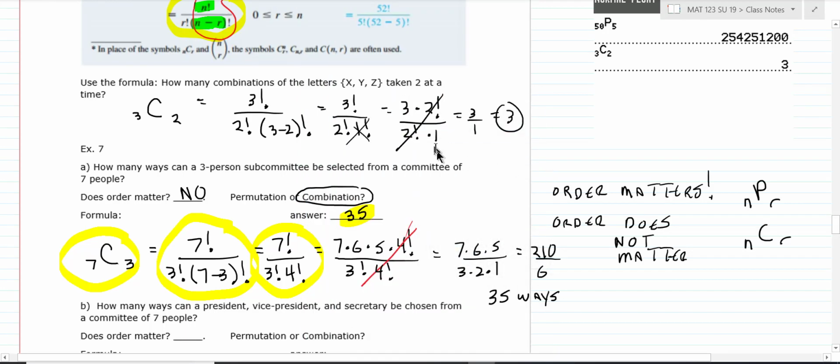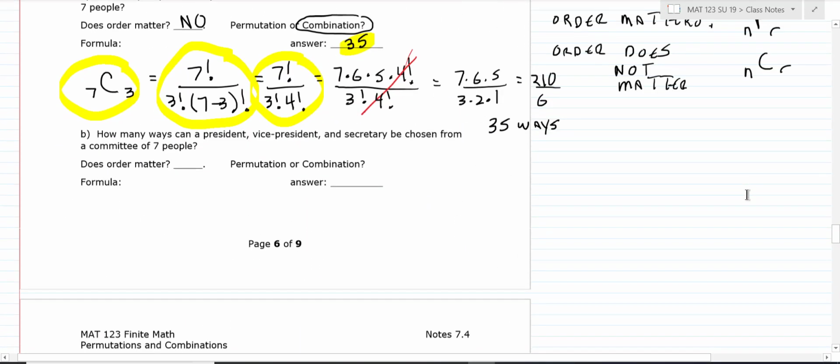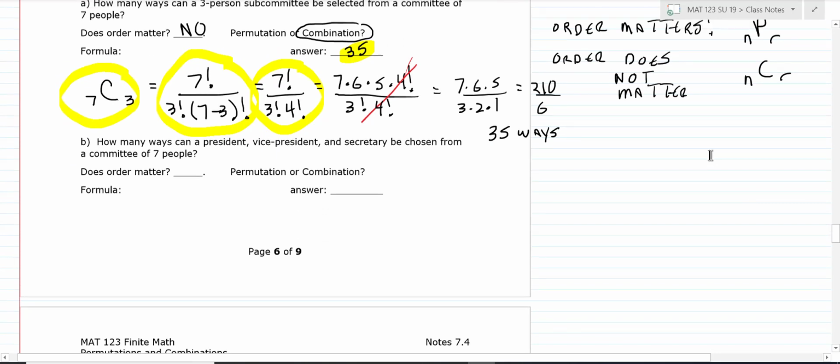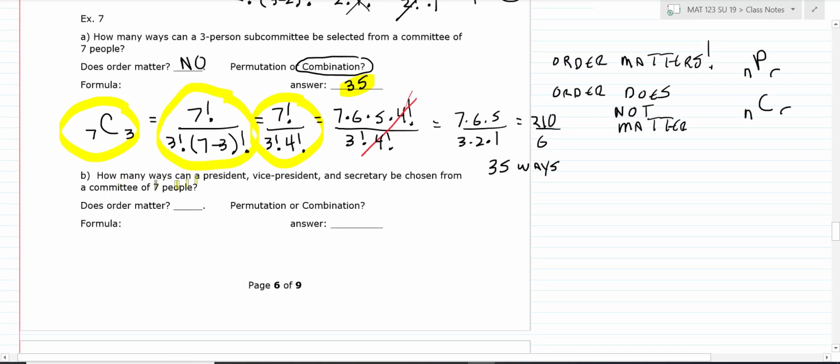Now in the next part of this, we're going to look at how many ways the 3 people we choose can be a president, vice president, and secretary.